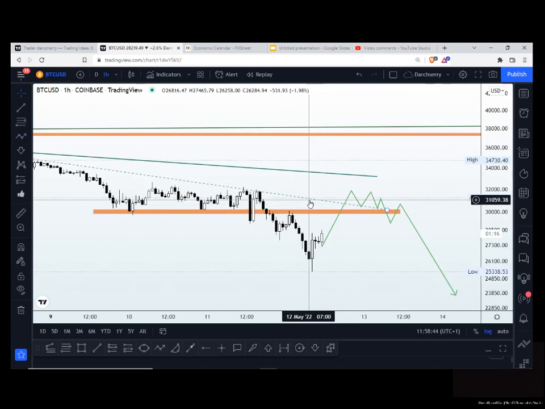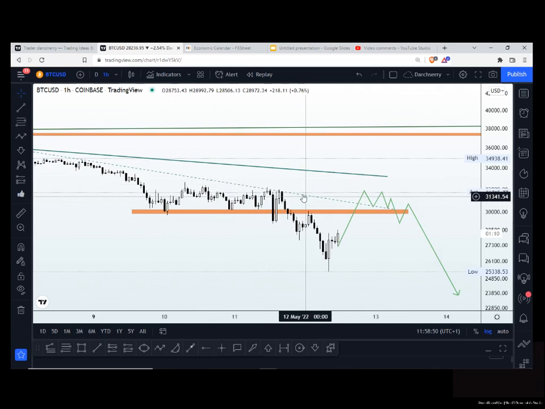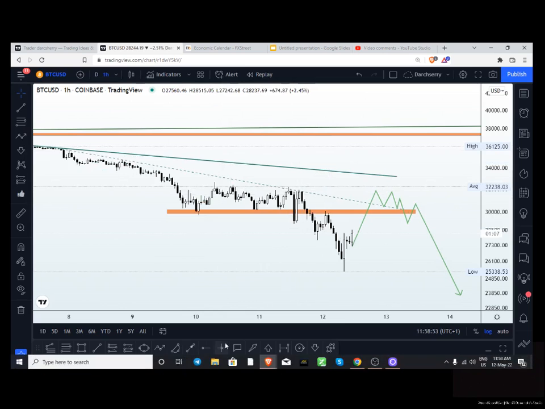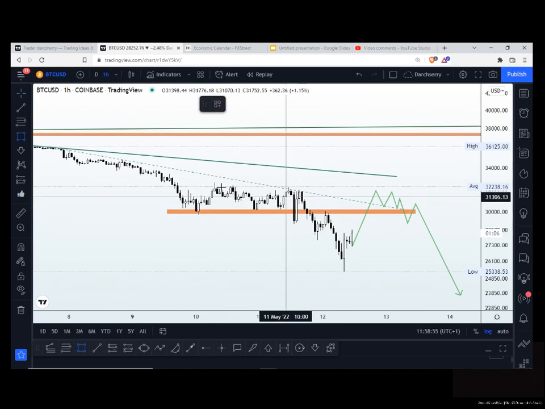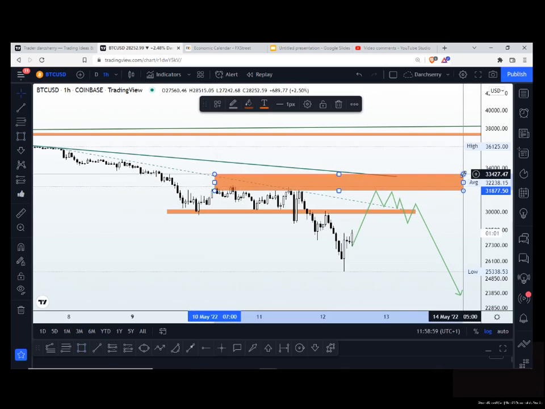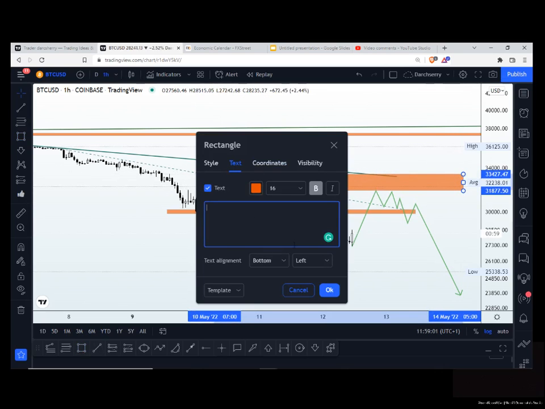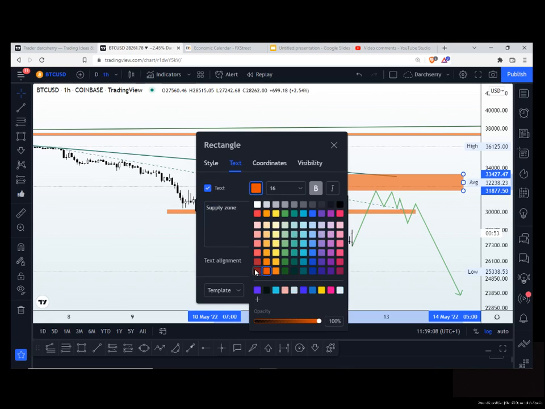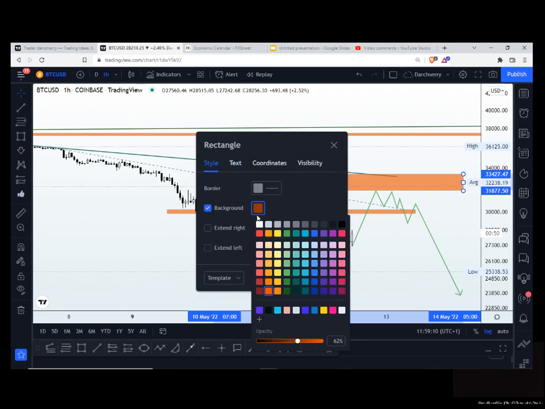This is what we want to be looking for on the BTC USD, and this area right above that will now be probably our new supply zone going forward. So if you allow me, supply zone.